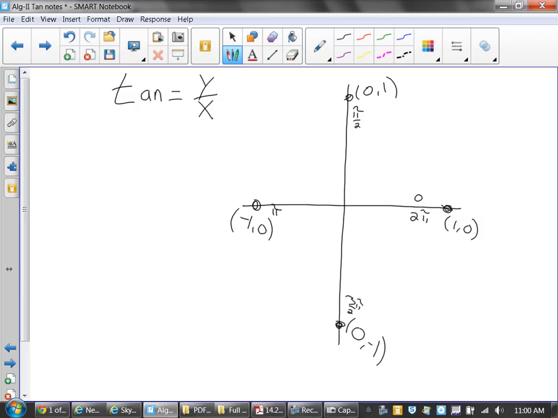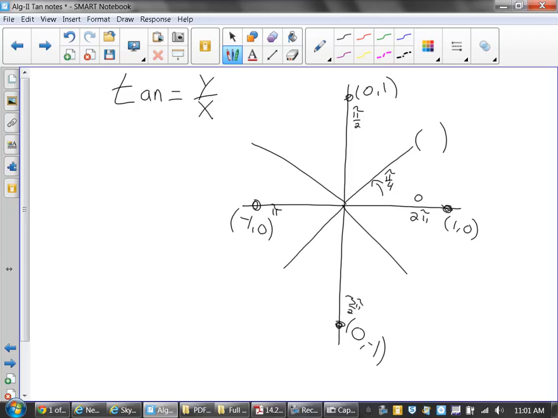At pi over 4, sine and cosine were the same value, root 2 over 2. So tangent was always 1 at pi over 4. So at every multiple of pi over 4: positive 1 here, negative 1 in the second quadrant, positive 1 in the third quadrant, and negative 1 again in the fourth quadrant.